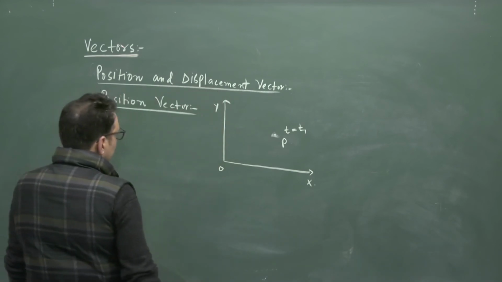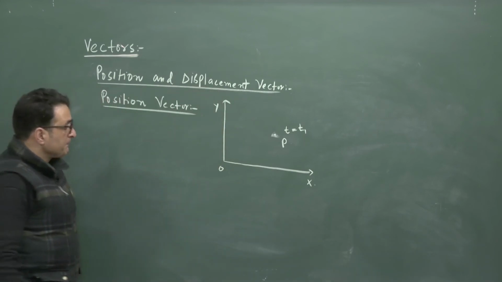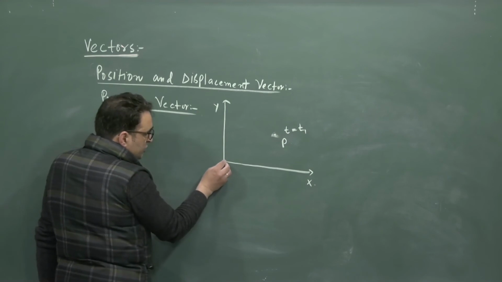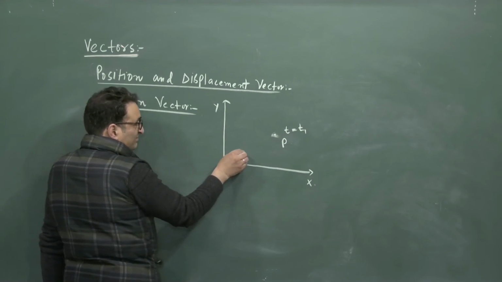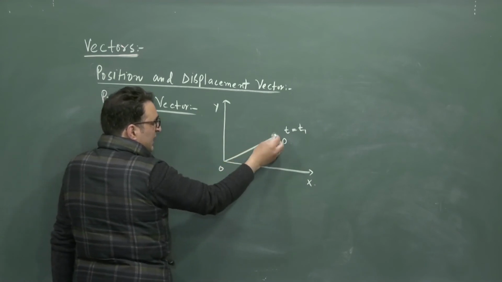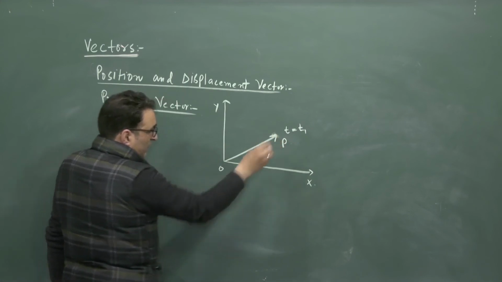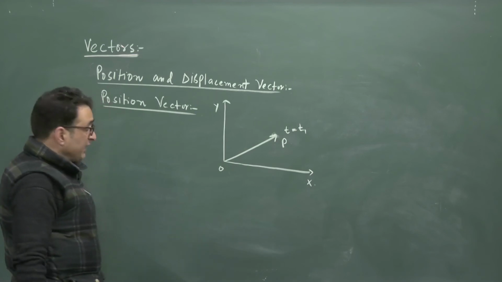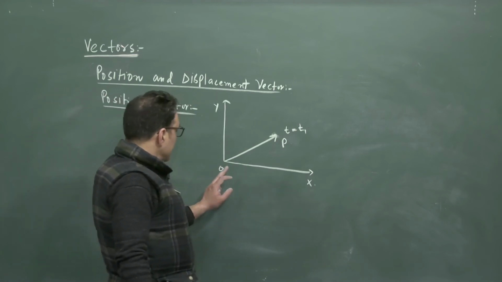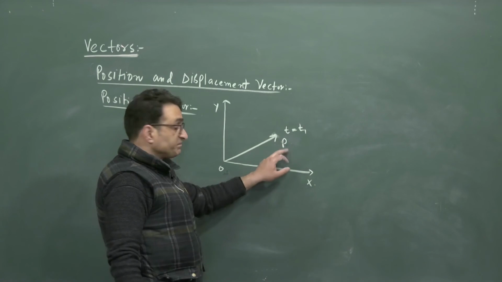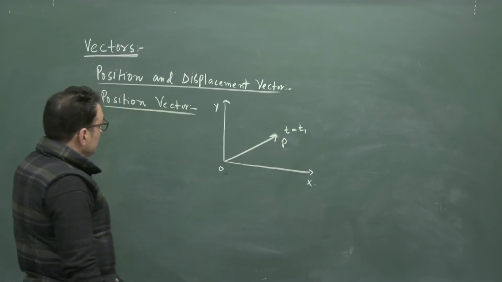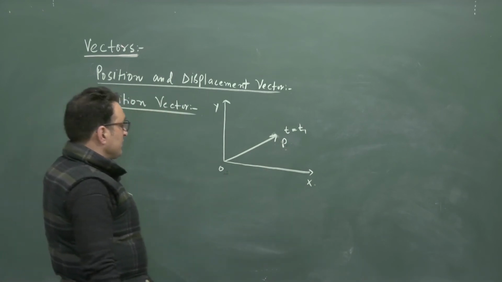Now, if we draw an arrowed line starting from the origin and finishing at this point P, then this arrowed line, which I have drawn from point O to point P, is known as the position vector.